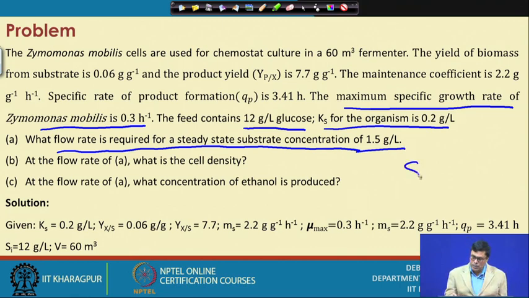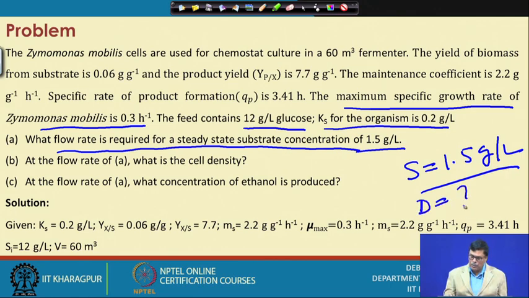So the S value under steady state condition is 1.5 gram per liter, and first we shall have to find out the dilution rate, which is equal to F by V. Am I right? Now, we know the volume of the reactor. So if you put in the volume of the reactor and find out the dilution rate, we can easily find out the flow rate.